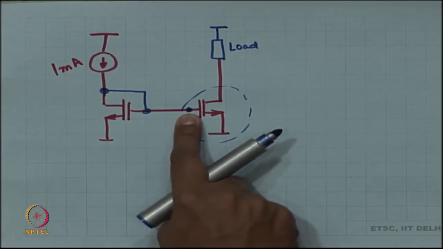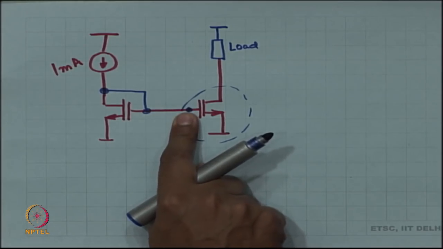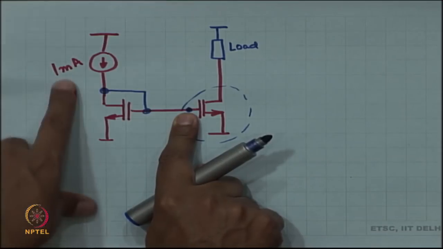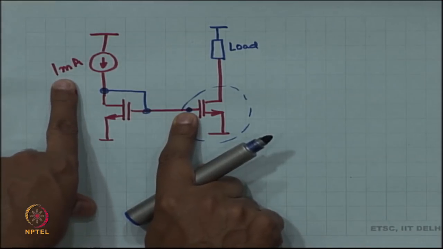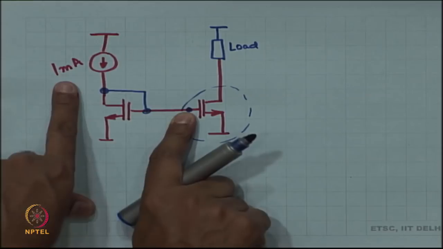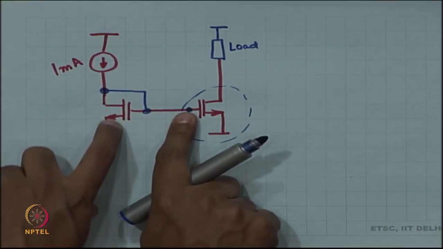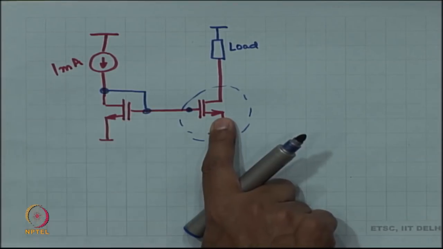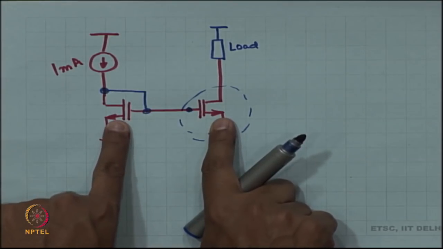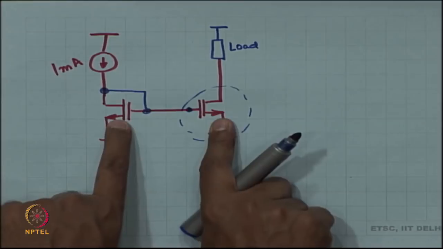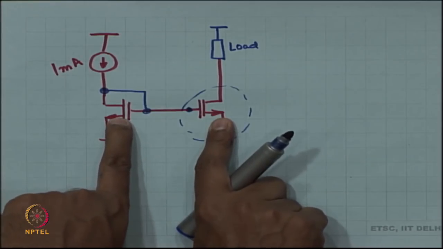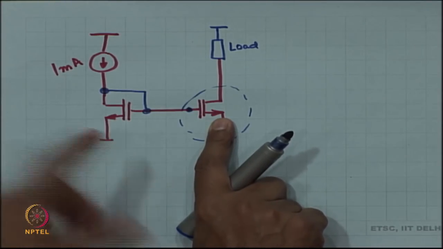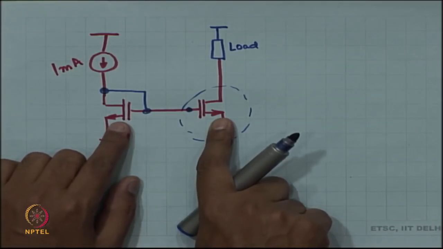Okay. So, I have to decide what is the right value of voltage at the gate such that I get 1 milliampere. Now, what I am going to do is take yet another MOSFET, which is an identical copy of this MOSFET. So, these two are identical to each other. What does identical mean? Identical means that they have the same value of K, the same value of Vt and everything else.